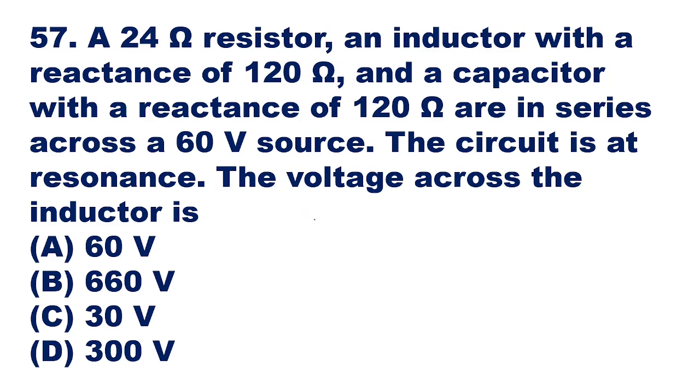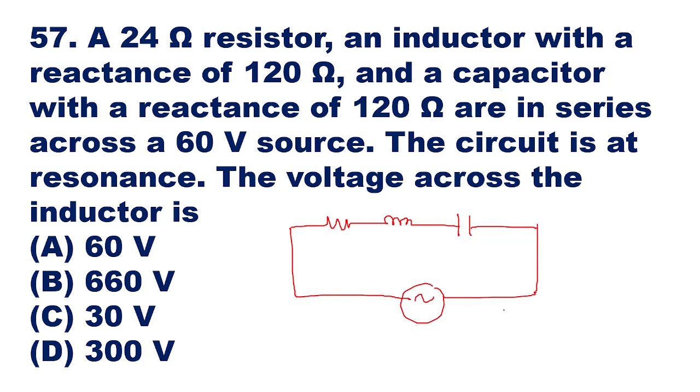If we have this series resonance circuit, and this will be the voltage source which is applied across it, around 60 volt. This resistance is 24 ohms, and the reactance of this inductor is 120 ohms, and the reactance of this capacitor is 120 ohms.